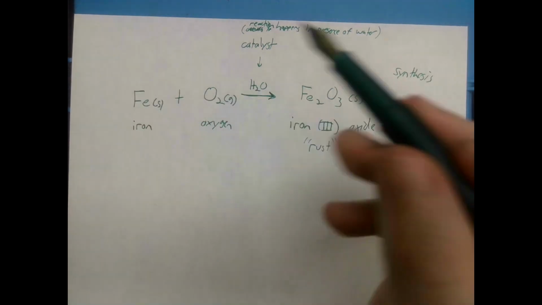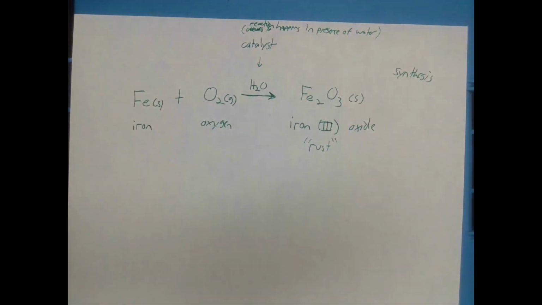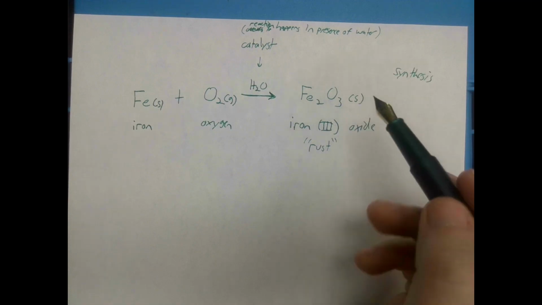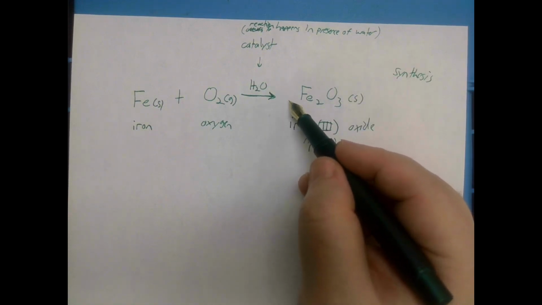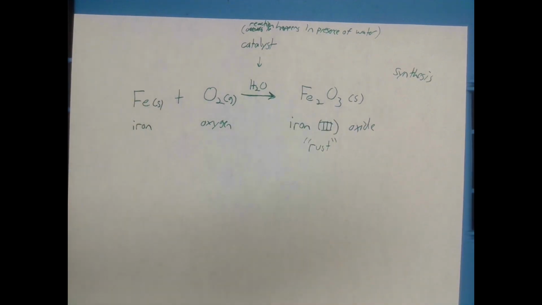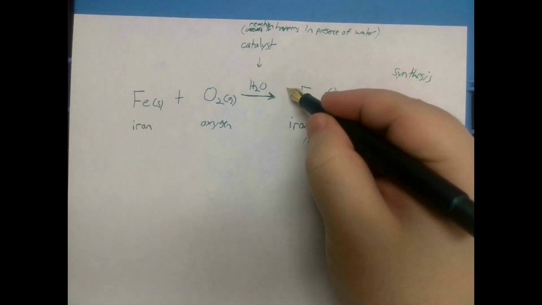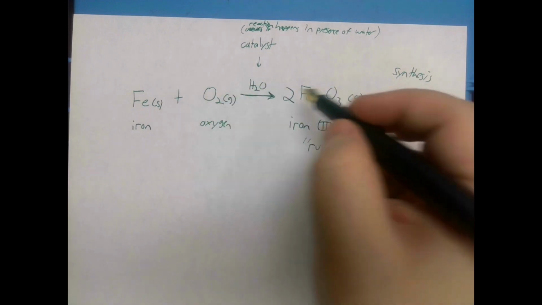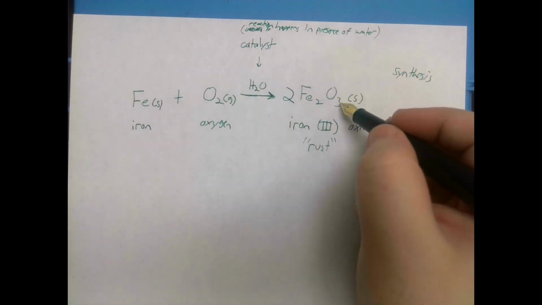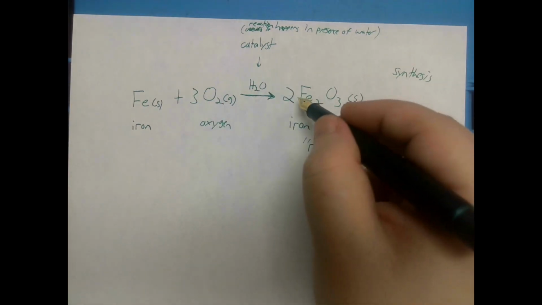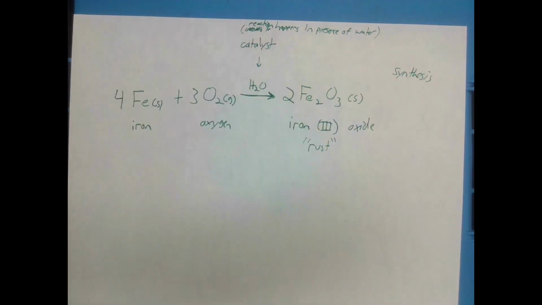If you put 2 here, you have iron balanced, but then oxygen is 2 and oxygen is 3 over here. You know you're going to have to put a number here, which is going to screw up how many iron you have. So if you did 2 on the right side for the whole entire thing, and then 4 irons and 3 oxygen. So balancing the oxygen first, 2 over here gives you 6, 3 over here gives you 6. Now we can balance the iron. 4 over here, so we need 4 over here.